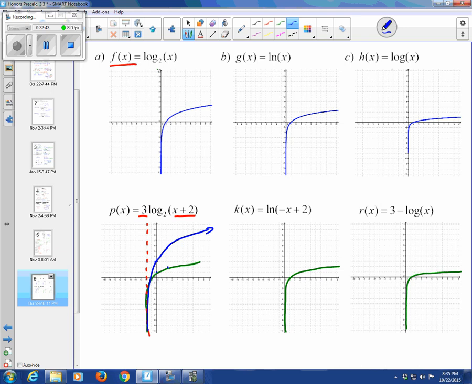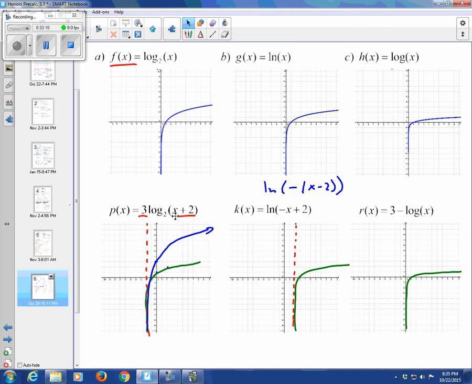Now, right here, we're going to have to do a little bit of work. We've got the natural log of negative x plus 2. And if we remember our transformations, when we're evaluating those transformations, we want to factor that negative off of the inside of the function to evaluate what we're seeing. So first, what we're going to see is a horizontal shift that is 2 in the positive direction, from that subtraction of 2 that we get when we factor off the negative from the inside of the function. So now we've got a vertical asymptote of positive 2.